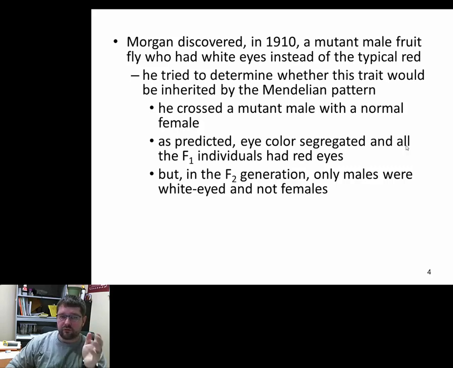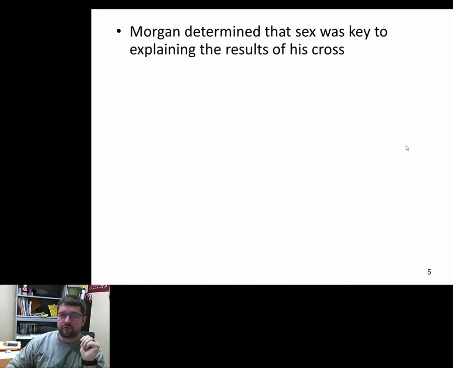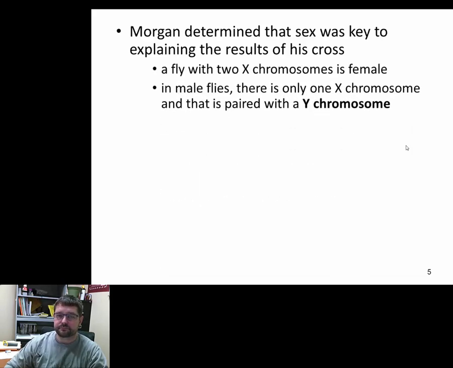And so this was of interest to Morgan. So he started to look at what's going on at the chromosome level. And what he figured out was sex was the key to the results of this cross. That in flies, just like humans, two X chromosomes, two of their sex chromosomes, is a female, and a male is an XY.